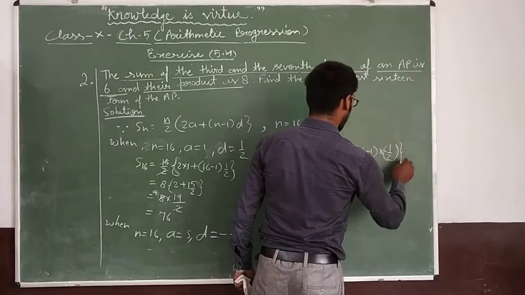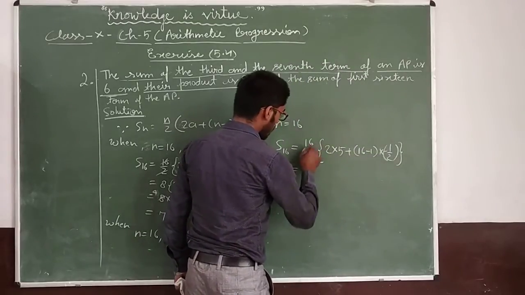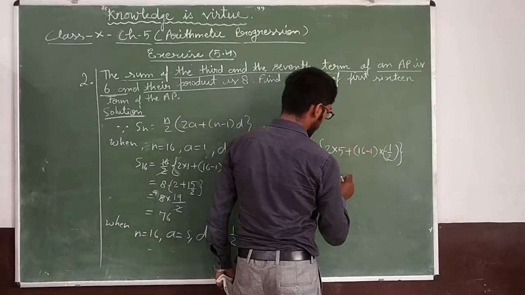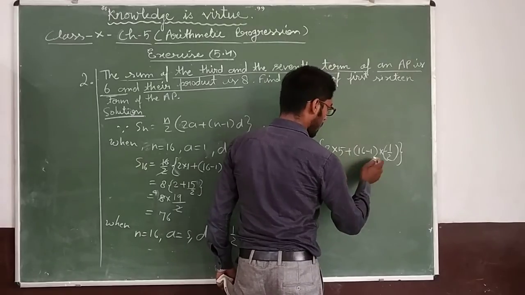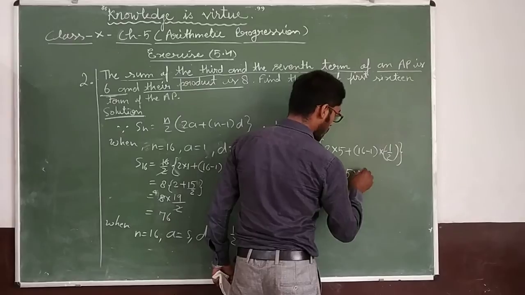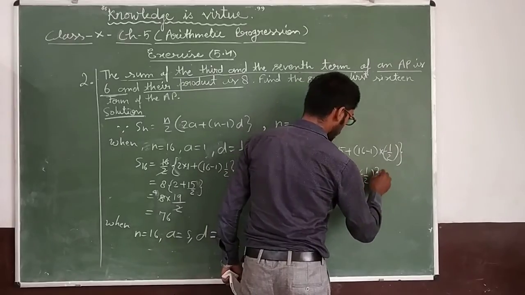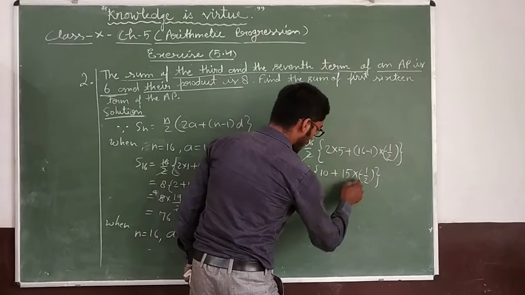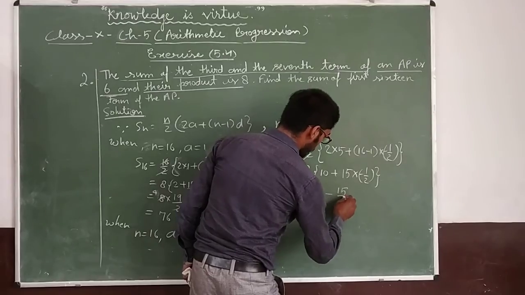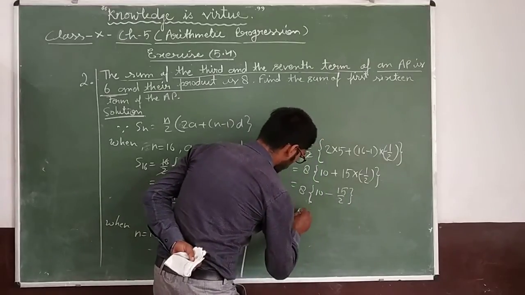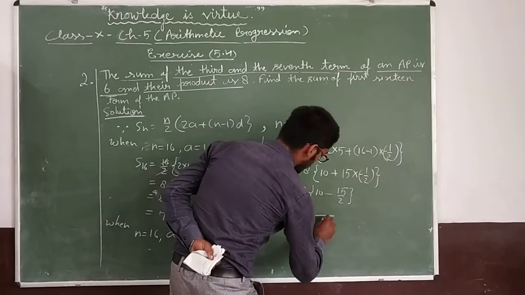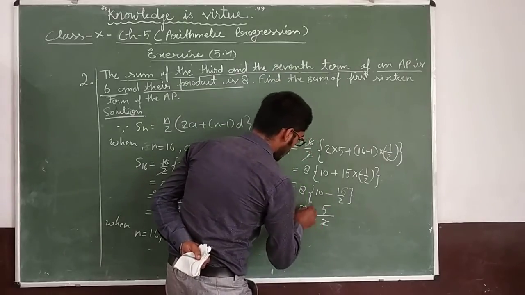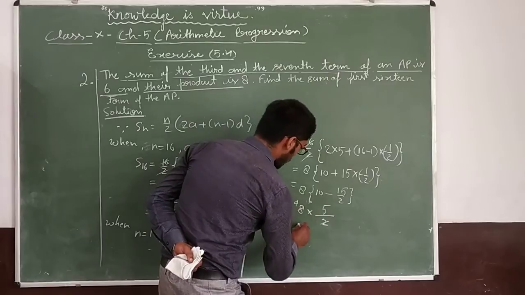Close the bracket. 2 8s are 16, 2 5s are 10 plus 15 into minus 1 by 2, that is 8 into 10 minus 15 upon 2. Taking 2 as LCM, 10 2s are 20, 20 minus 15 is 5 upon 2, 2 4s are 8, 4 5s are 20.